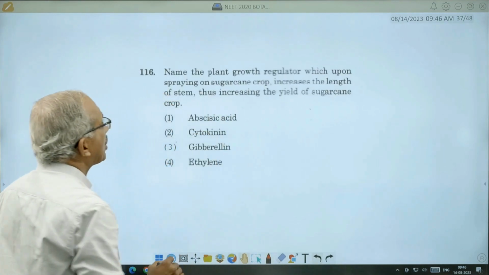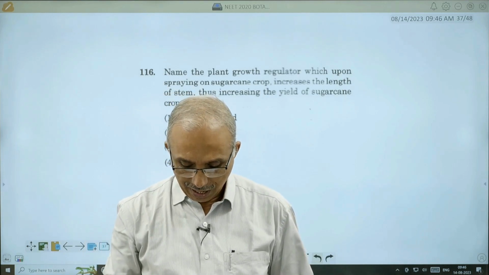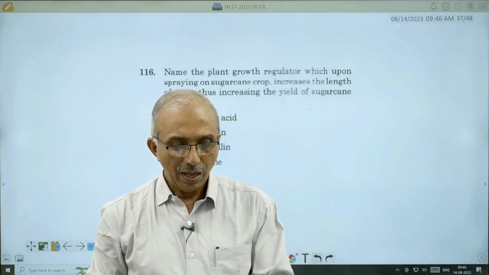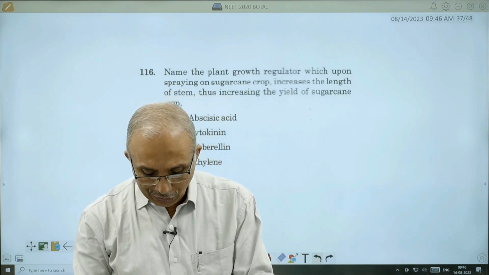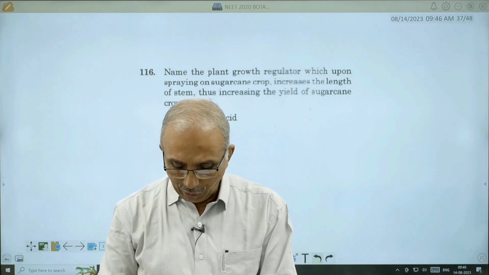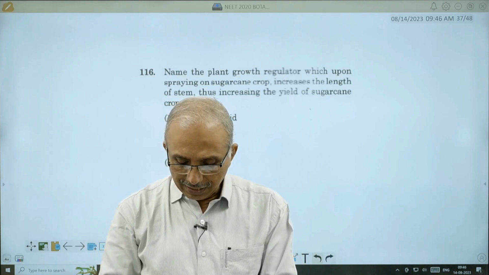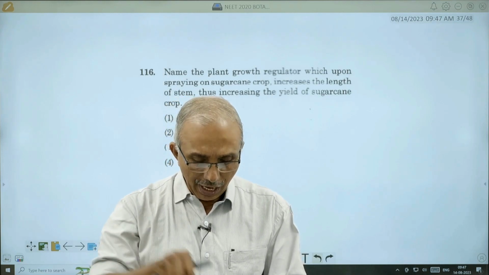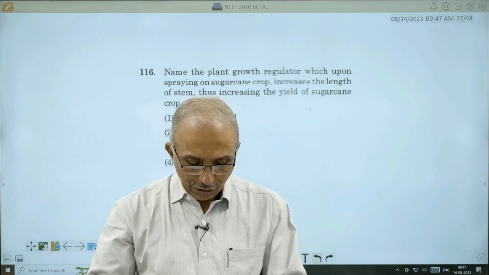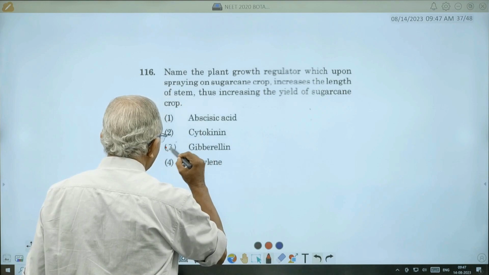Name the growth regulator which, upon spraying on the sugarcane crop, increases the length of the stem, thus increasing the yield of sugarcane. That is gibberellin.